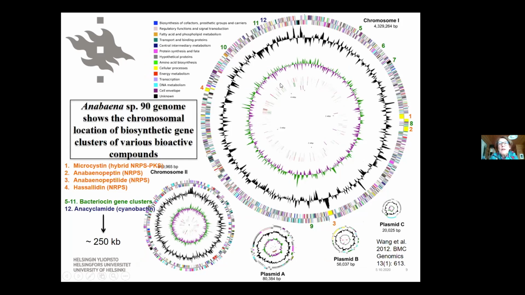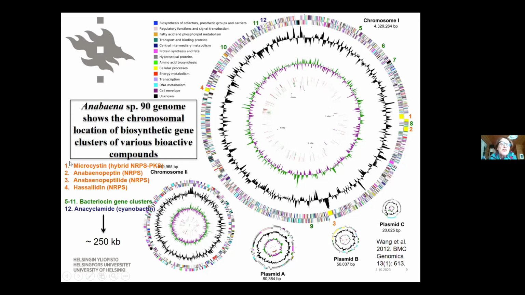And then we were interested to see where these biosynthetic gene clusters are located. As you can see, they are all located in the biggest chromosome.